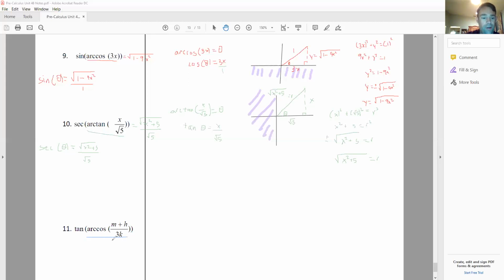Okay, so let's see how we did here. So that's tangent of an angle. It's our final problem here in these notes, and our final problem in this chapter. So we're dealing with arc cosine of m plus h all over 3k.